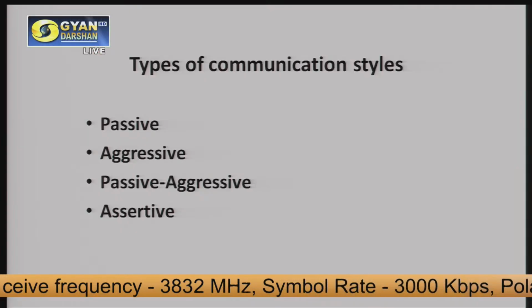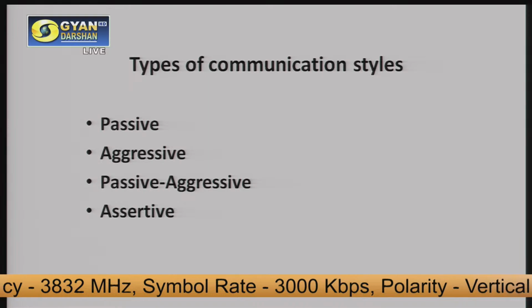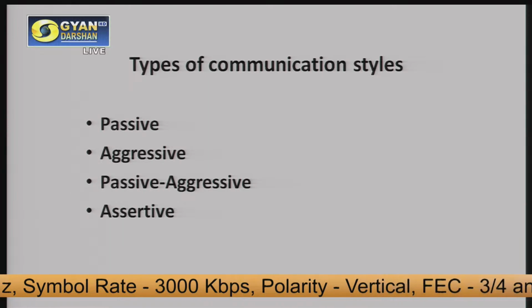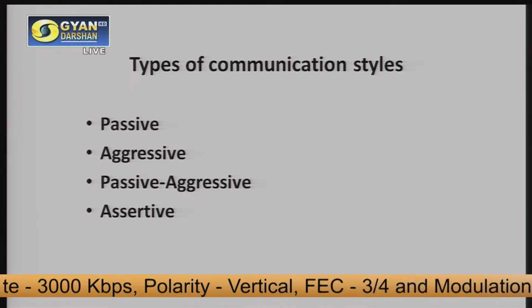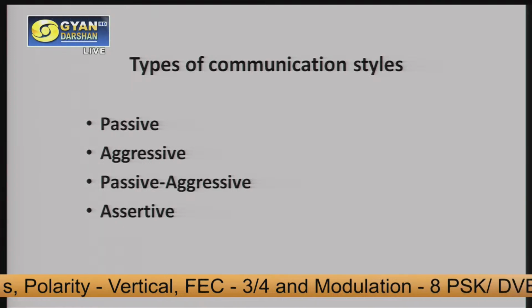And I have already mentioned there are 4 types of communication styles. One is passive, one is aggressive, one is passive-aggressive, and the last one is assertive style of communication.